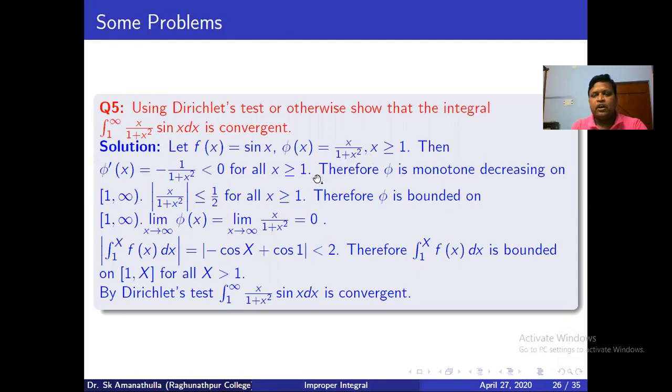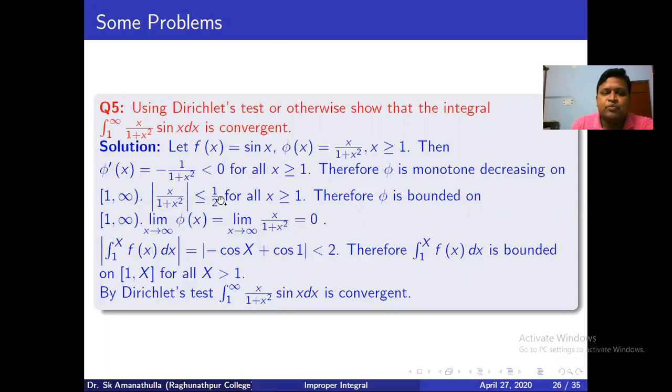Now to satisfy the conditions of Dirichlet's test, first of all we have to prove phi(x) is bounded, monotonic decreasing, and the limit as x tends to infinity of phi(x) equals 0. So phi dash x equals this one, it is less than 0, and we know that if the first derivative of a function is less than 0, then the function is monotonic decreasing.